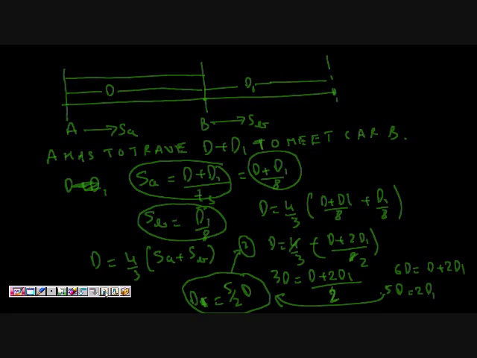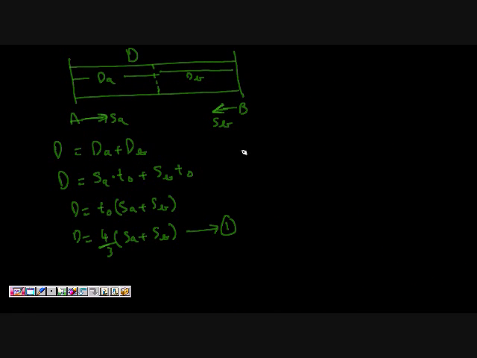So we can write 35 into TO plus 25 into TO, and D is 80. So 80 is equal to 60 times TO, or TO is 80 divided by 60, which is 4 by 3.